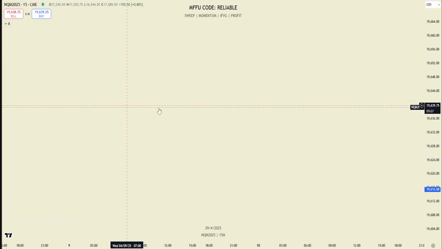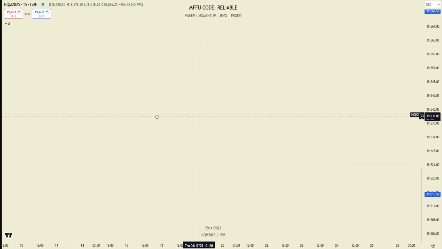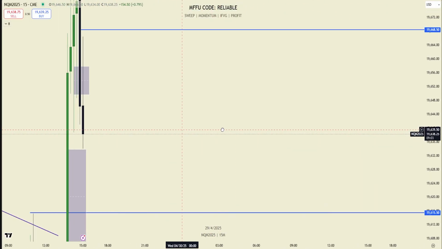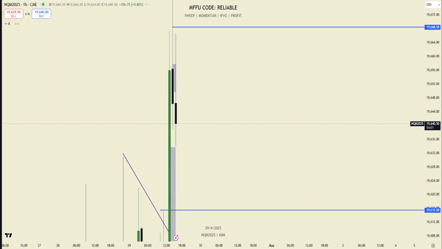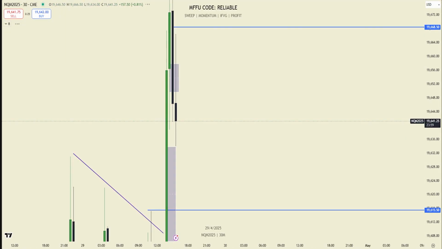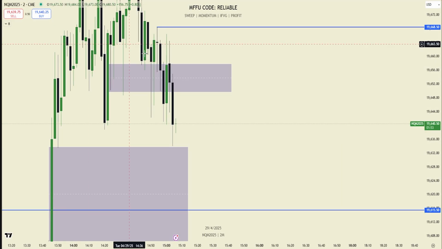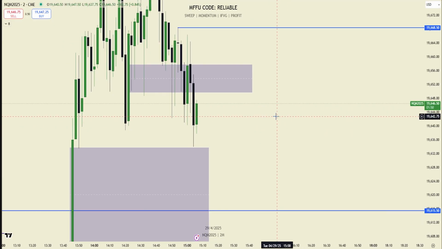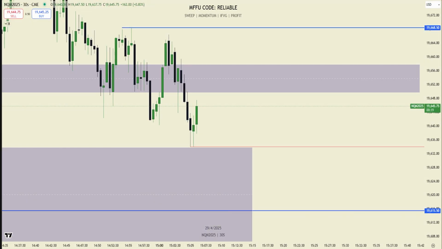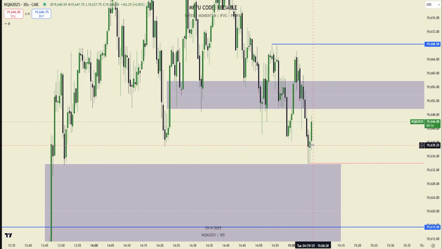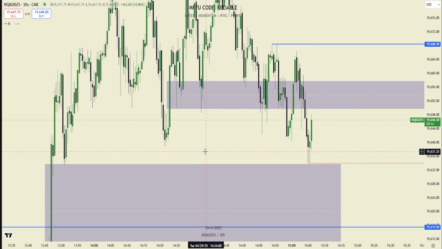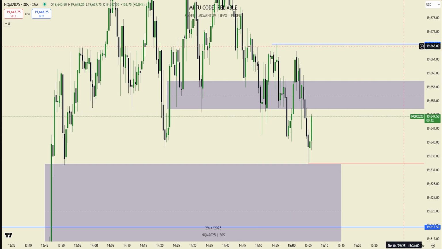So there's that. And yeah, now we'll just see. Swept out the hourly low there, so we have an hourly BISI that we tapped into now, so now we have delivery. And if we got like a nice V-shaped setup to the upside, this would be my condition to take a long, but so far no singular obvious gap here. We have this 30-second, but we left relative equal lows behind, so probably want to see those get hit too.